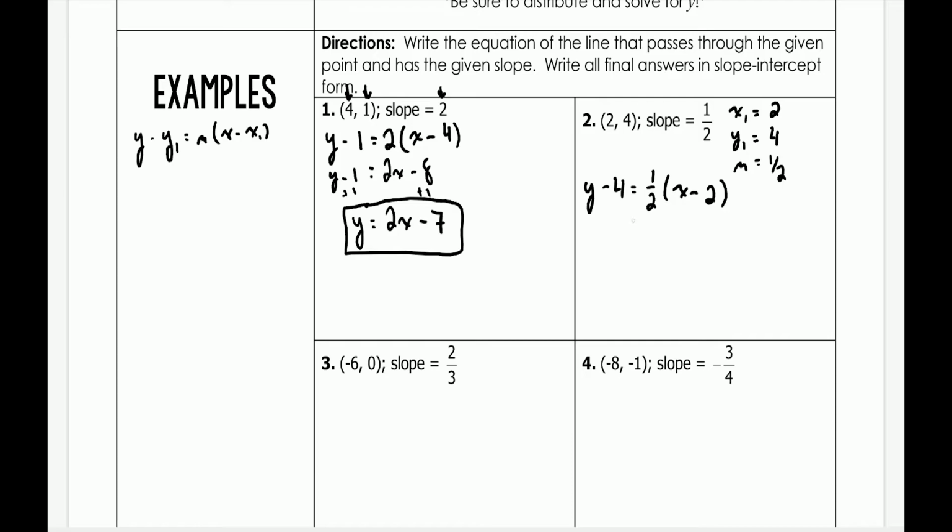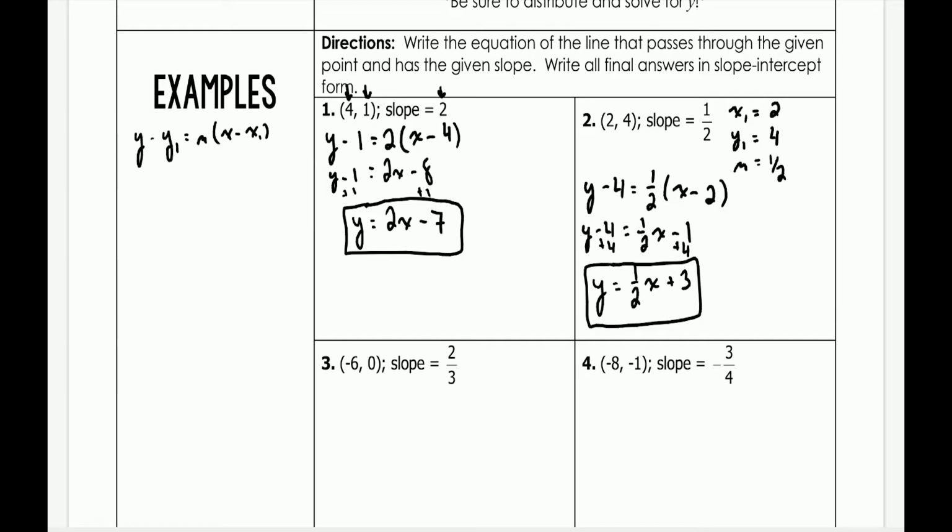Now we're going to simplify, so we're going to distribute the 1/2. 1/2 multiplied by 2, that's 2 halves, or in other words, 1. And we have y minus 4. In order to get y by itself, we're going to add 4 to both sides. And that leaves us with y is equal to 1/2 x. Negative 1 plus 4 is going to be plus 3. And that right there is our slope-intercept form for number 2.